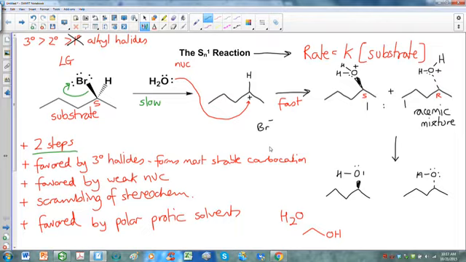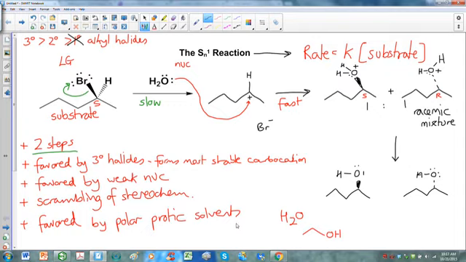Okay, the hydrogen bonding present in these solvents allows for stabilization of the carbocation, which is not the case for polar aprotic solvents. Okay, that's why polar protic solvents favor SN1.